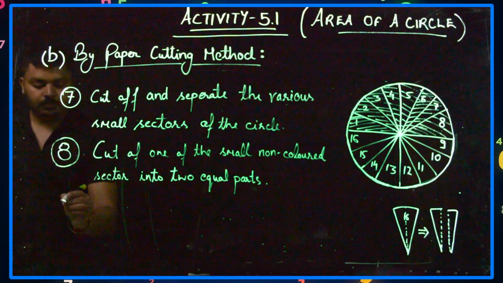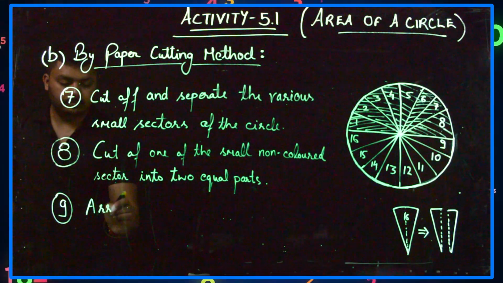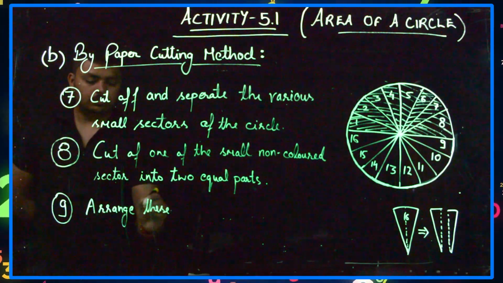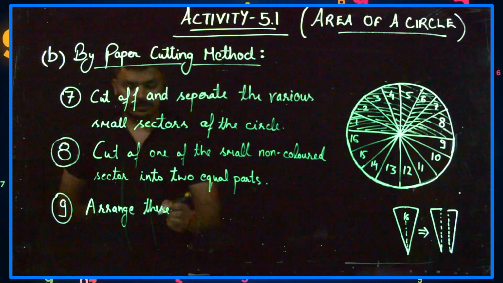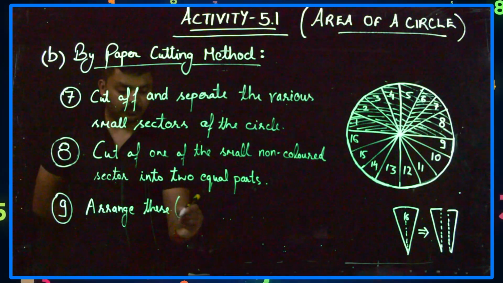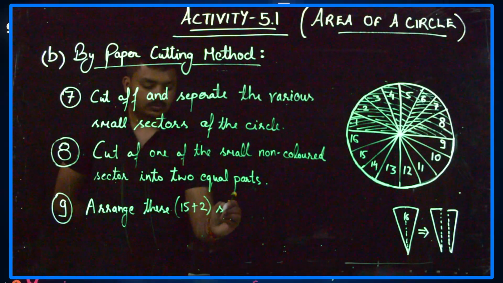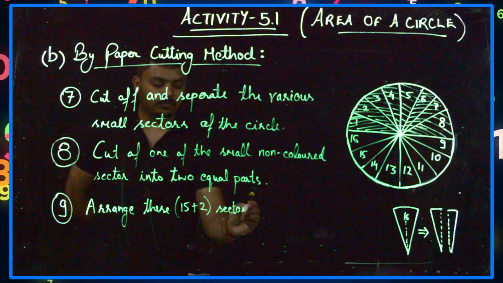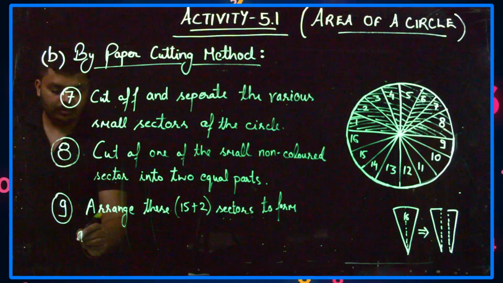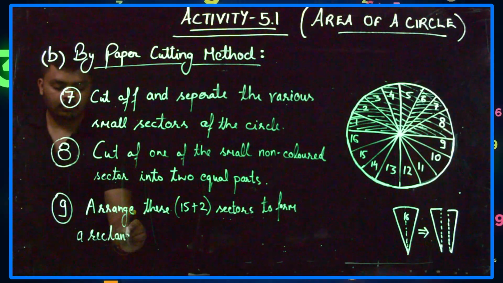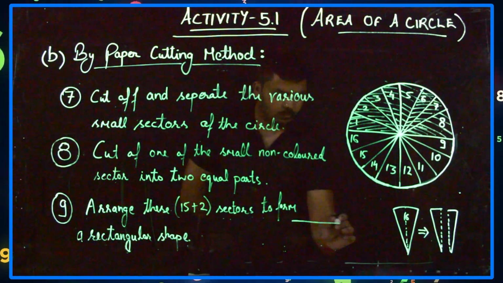Now step 9, arrange these sectors. That is, now we have 15 plus 2, 17 sectors. Arrange these 15 plus 2 sectors to form a rectangular shape.